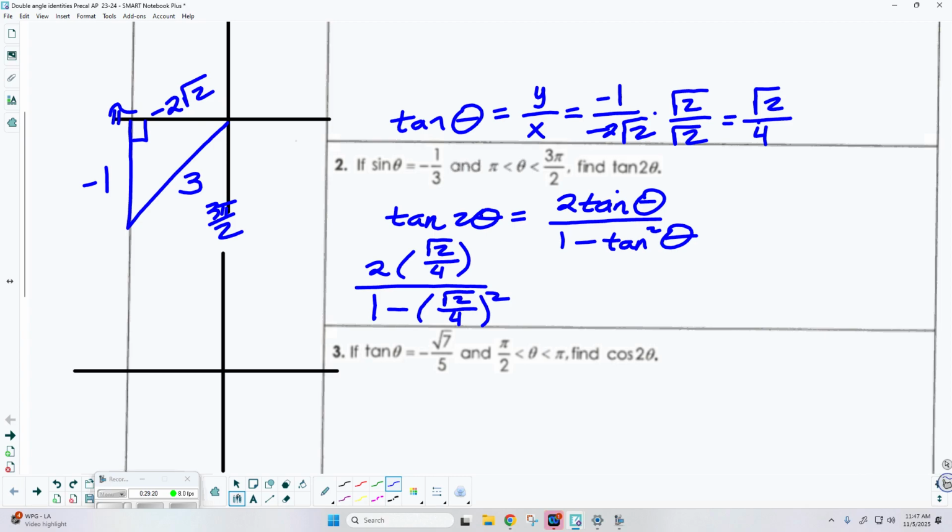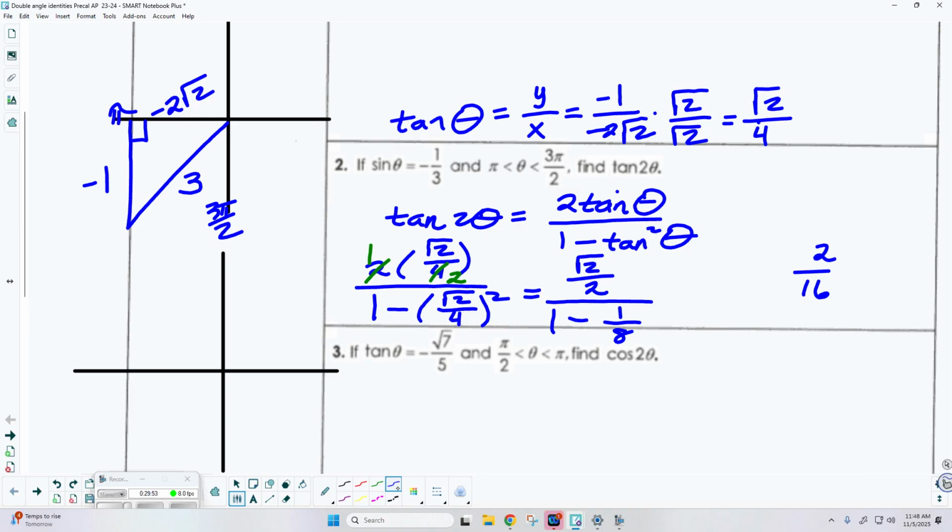Well, let's see. If I double square root of 2 over 4, the 2 and the 4 will cancel, or simplify, I should say. So that's going to give me square root of 2 over 2 divided by, so let's see, 1 minus, so square root of 2 squared, that will give me 2. Over 4 squared, 16, so 2/16. I'm subtracting 1/8. 2/16, all I did was simplify.